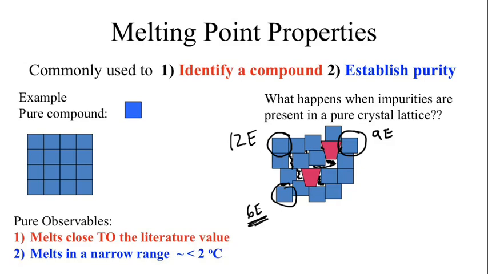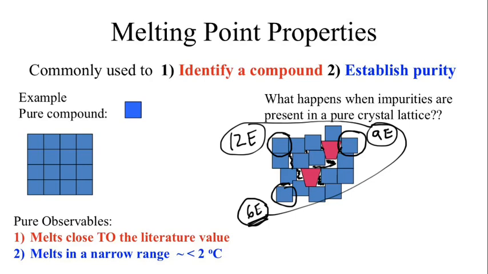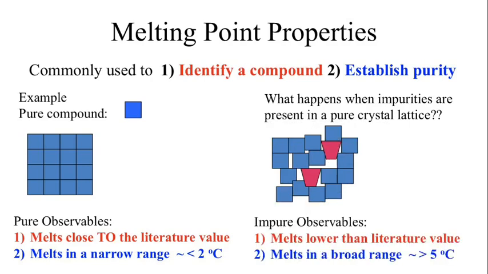The next big issue is if I look at the range over which I melted, it was from 6 to 9 to 12 energy units. So now instead of being in a narrow range, I'm spread over a much larger range to cause the compound to melt. So when I have an impure compound, I typically expect it to melt at a temperature lower than the literature value.